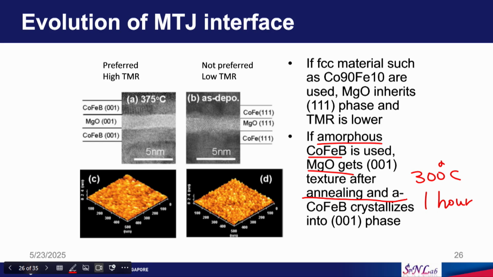During that annealing, boron will go somewhere else, and this cobalt and boron will crystallize into cobalt iron 001 phase. So this boron will go away, and finally you will have cobalt iron 001 phase. Okay. So, this is the procedure followed in the industry.